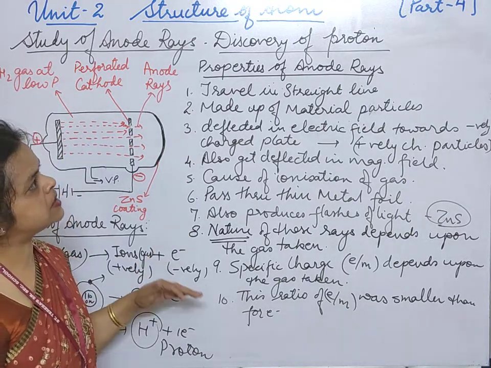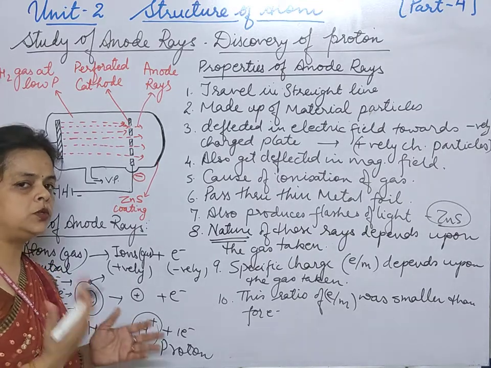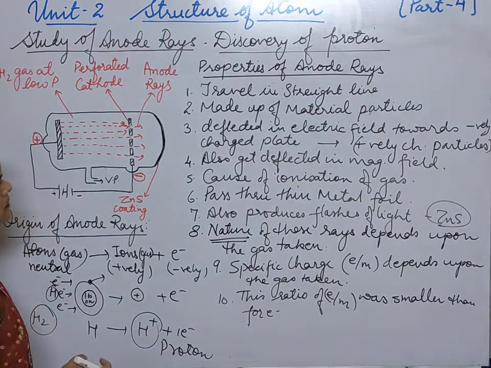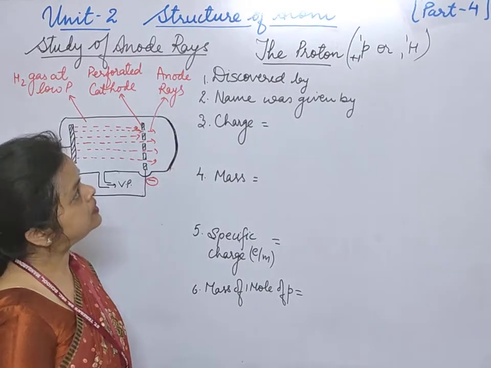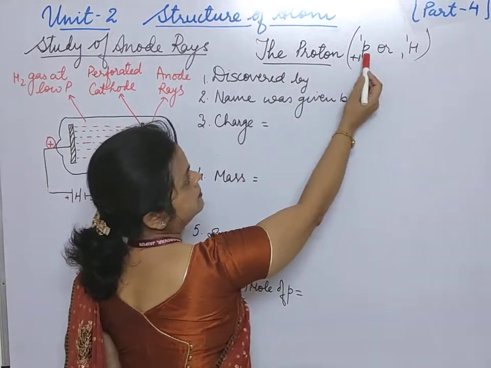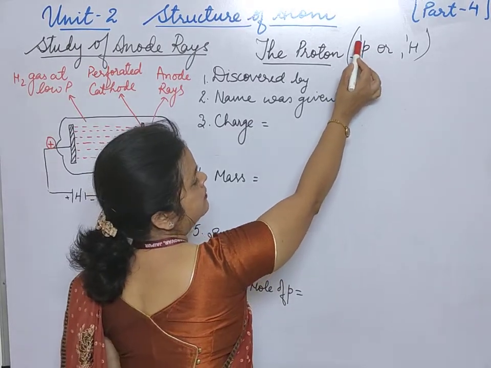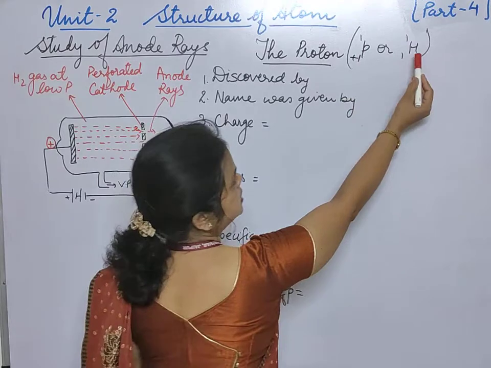Now we will discuss the protons: how much charge, mass, and who discovered the protons. The proton can be represented like this: P is the symbol, +1 is the charge, and comparative mass we are taking as 1.